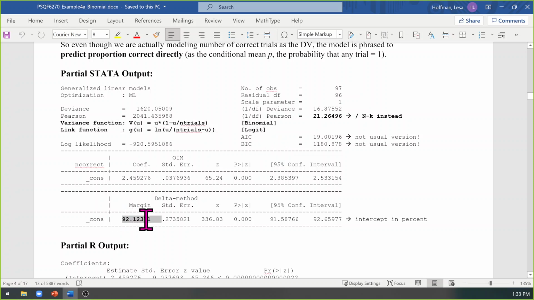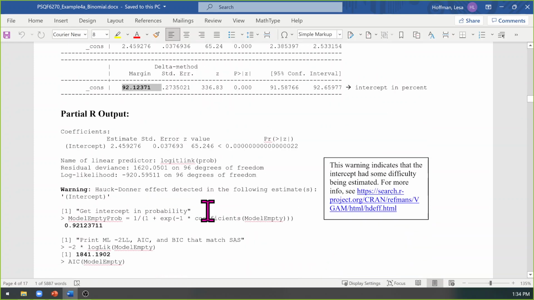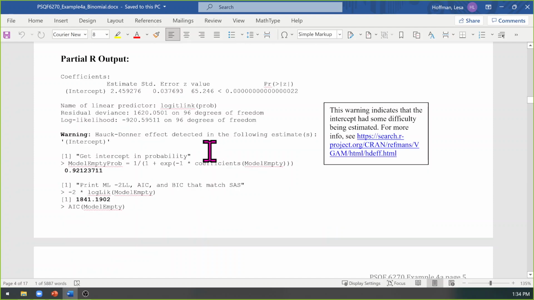Interestingly, margins, when I asked for it to compute the predicted probability, it did it as number correct. So it returned 92 out of 100 as opposed to 0.92 out of 1. So that makes sense given that I told it that I have 100 trials, that the mean is 92. But just keep that in mind for your predictions that you have to move the decimal over 2 places to make it equivalent. And R, in this case, returned the same information.